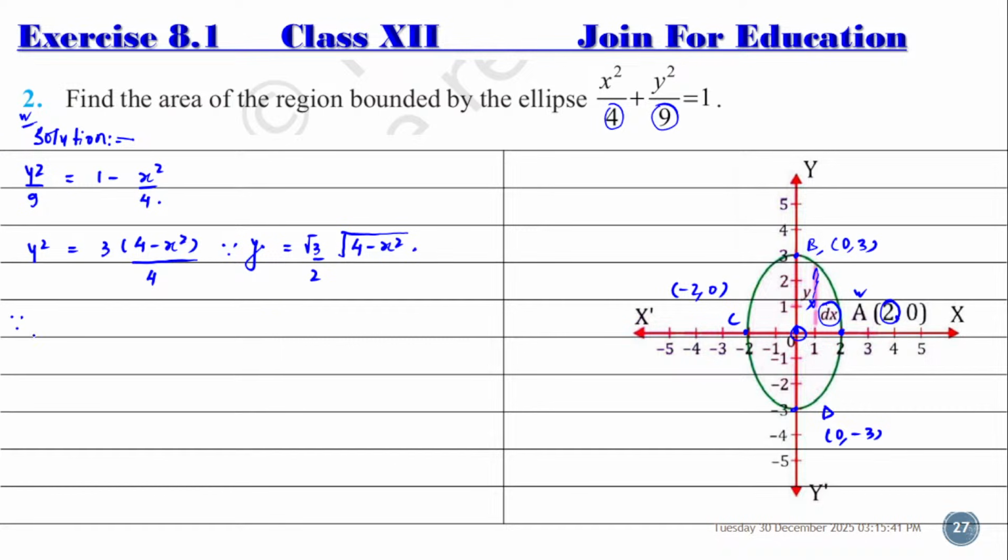Therefore area of OABO equal to the integral of y into dx, and this changes from 0 to 2. So we write here 0 to 2. There is no problem to understand up to this step.